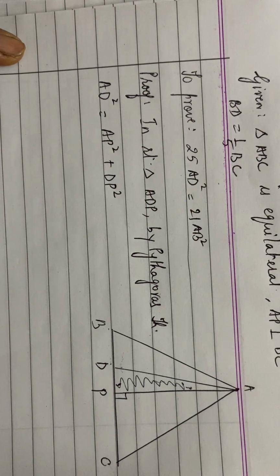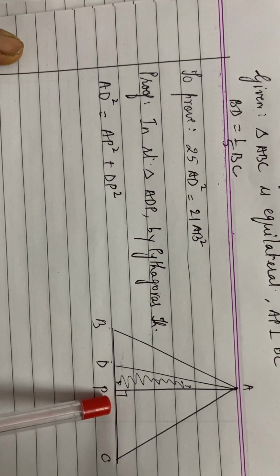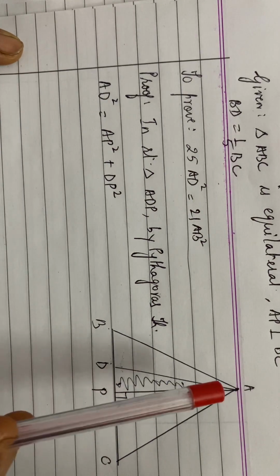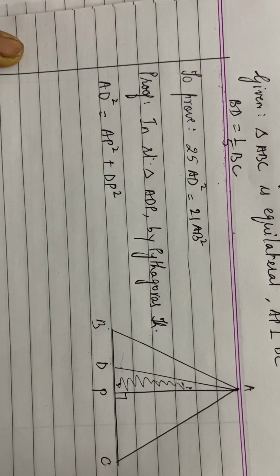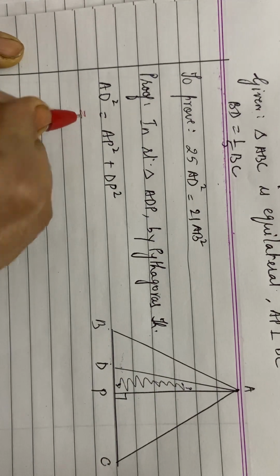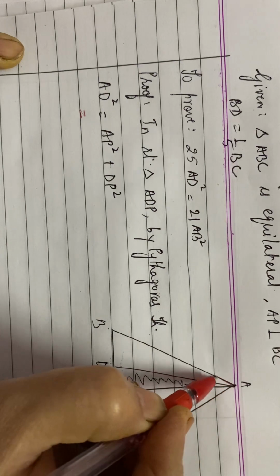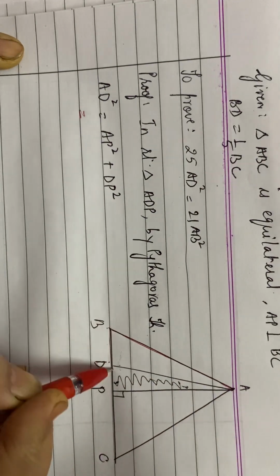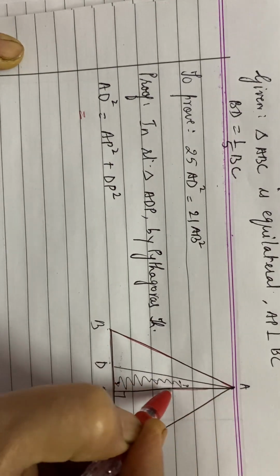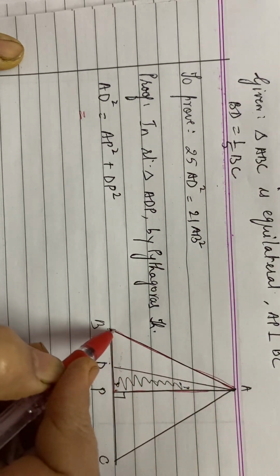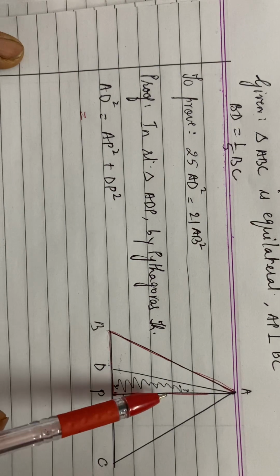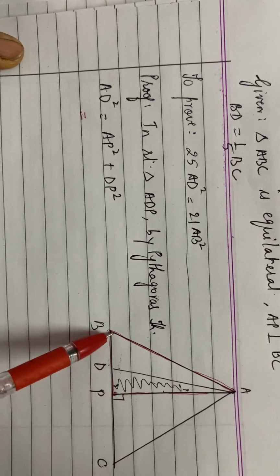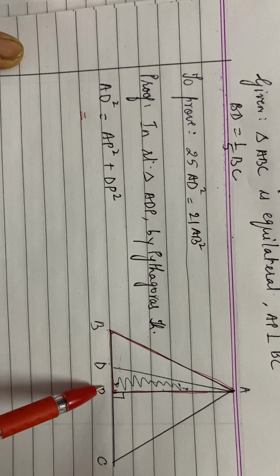Now as such, we do not want this AP square. We need AB square. So what we are going to do is, we will change this AP square with respect to this triangle ABP. I hope you can see that. For this triangle ABP, if we are applying Pythagoras theorem, this AP square will be AB square minus BP square.